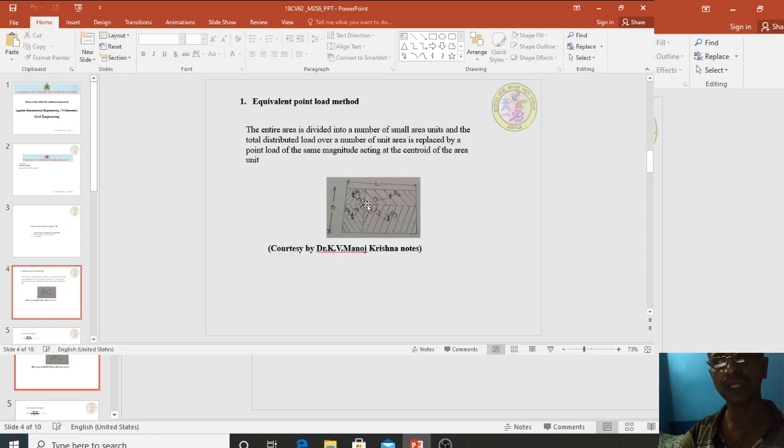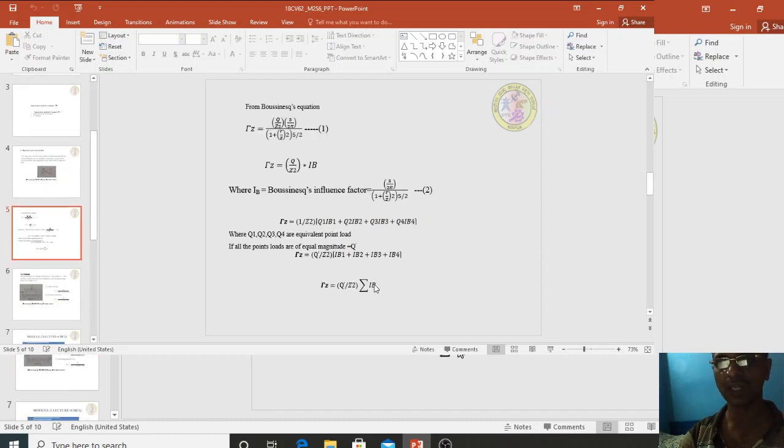By using the Pythagoras theorem, you calculate that; it will be R1. For this area, calculate the CG point, and from this point to this point, by the Pythagoras theorem, AC square is equal to AB square plus BC square, or AC is equal to R2, which is equal to root of AB square plus BC square. You calculate R2, similarly R3, similarly R4.